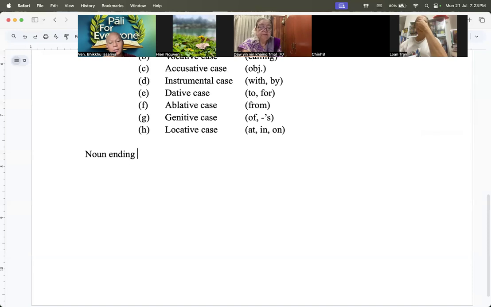Ending in vowels, that one also applies to the masculine noun. A masculine noun can end in a, i, ī, u, and ū. You see these five.